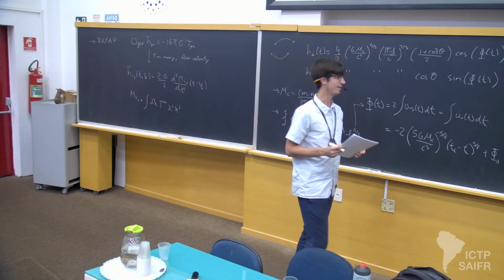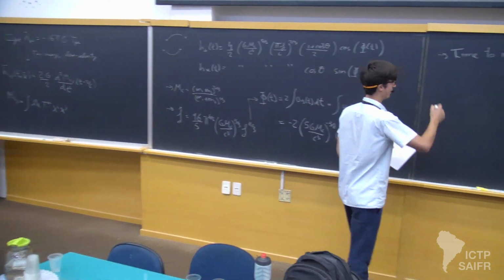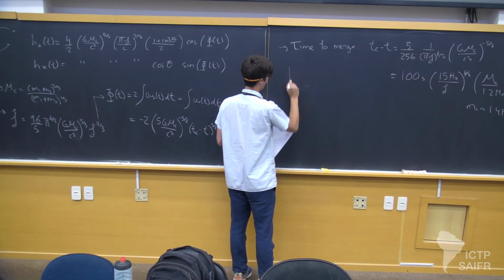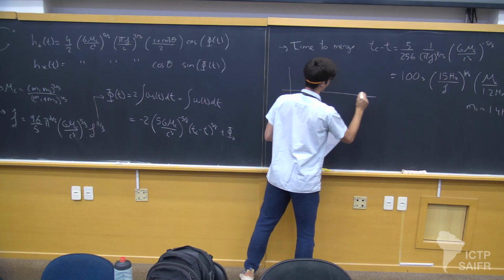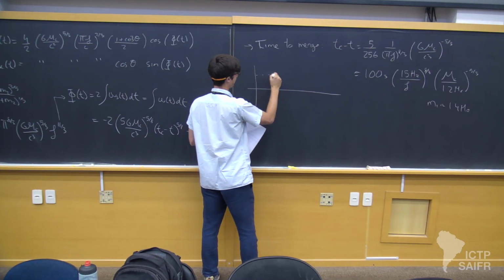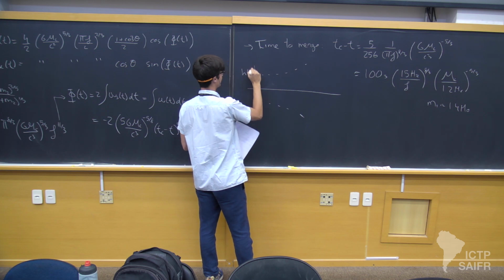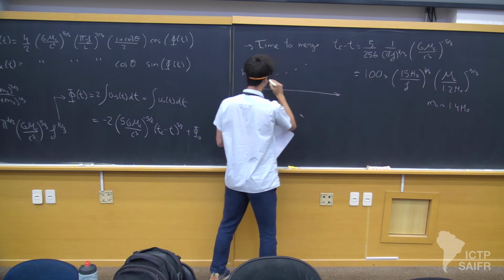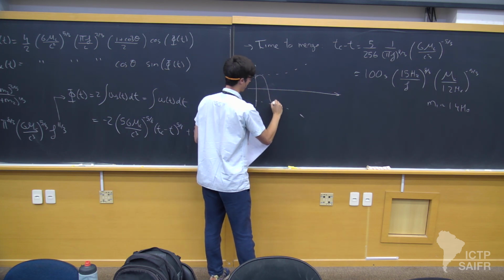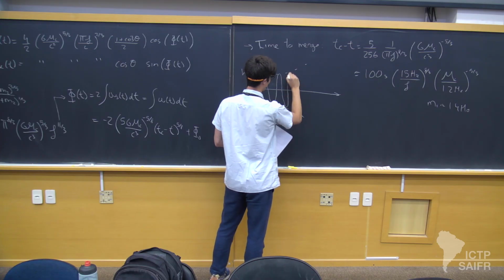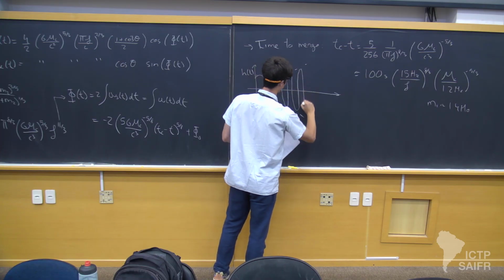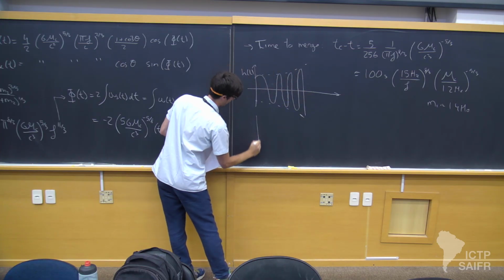Yes, so from these expressions, what we saw is that the gravitational wave strain, h of t, is going to have an amplitude that increases, and a frequency that becomes faster.